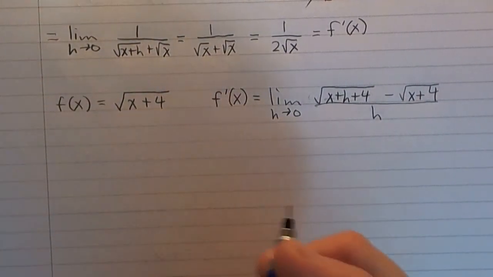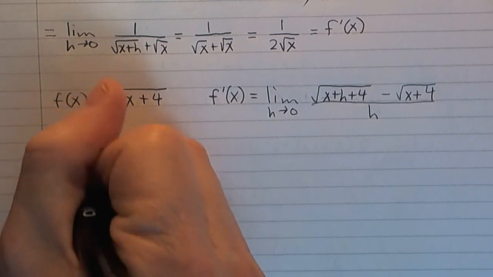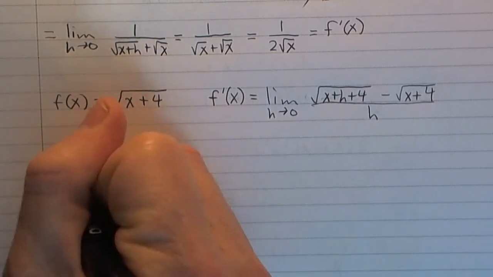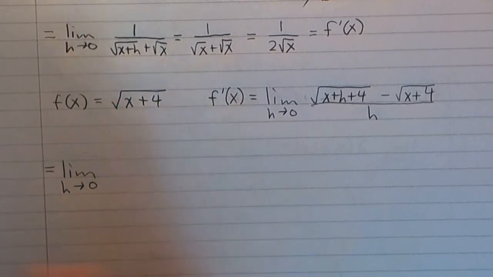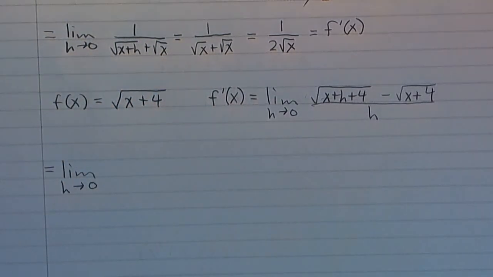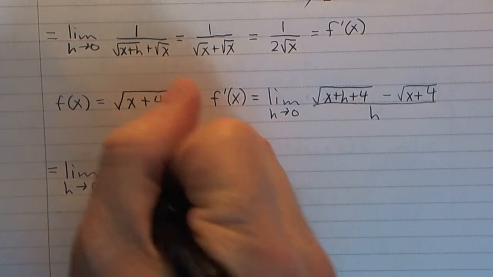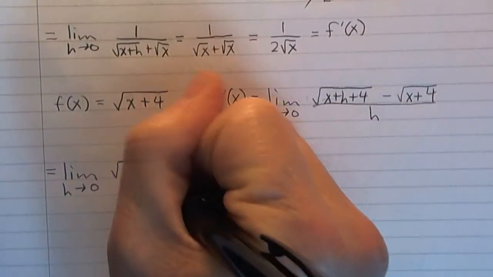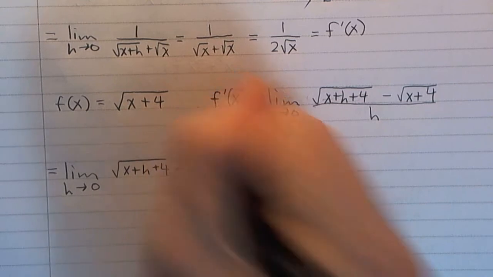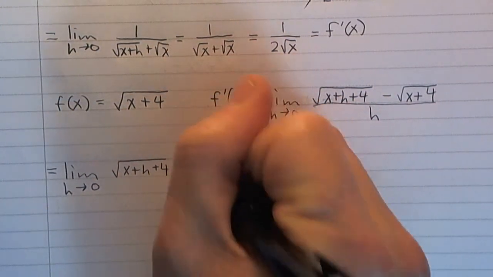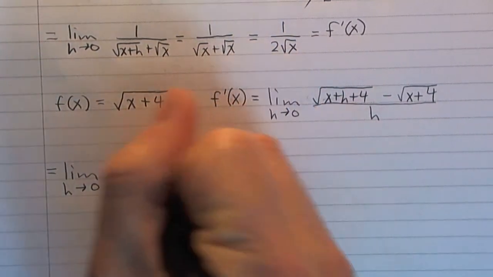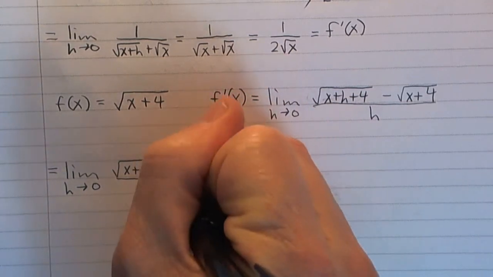Now, I want to multiply by the conjugate. So here I go. I have the limit as h goes to 0. Always carry along your limit until you actually evaluate it. So here's the square root of x plus h plus 4 minus the square root of x plus 4 over h.